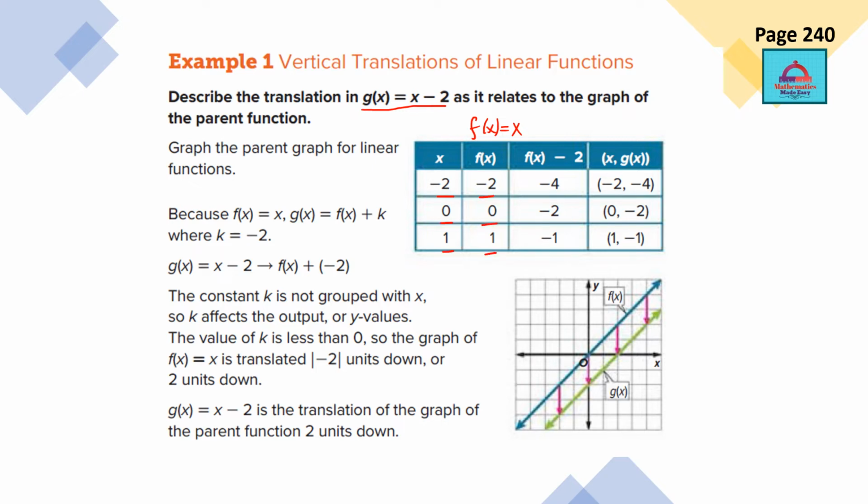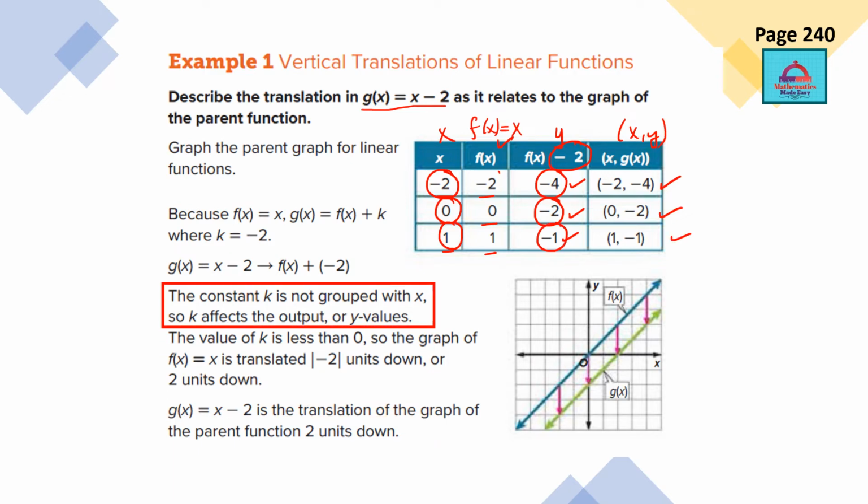For f(x) - 2, we are going to subtract 2 from this column. So -2 minus 2 is -4, 0 minus 2 is -2, 1 minus 2 is -1. So what are the points, x and y? x comma y would be (-2, -4), (0, -2) and (1, -1).